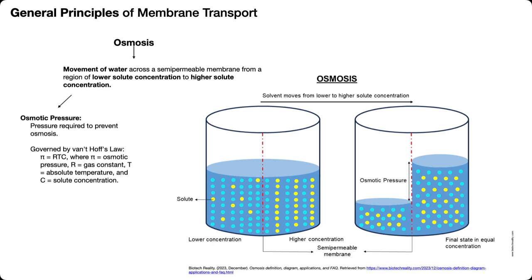If it doesn't, the solution with a lower osmotic pressure, or the hypotonic solution, will cause water to move into blood cells and it'll make them swell and burst. A solution that has higher osmotic pressure, which we call hypertonic, will draw water out of red blood cells and it'll cause them to shrink. And I'll give you an actual example of this, and we'll do some problems with this throughout this section.